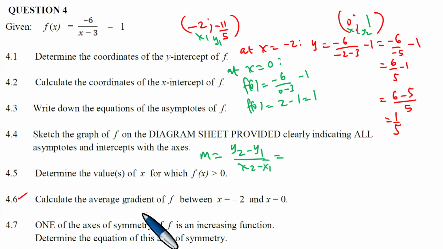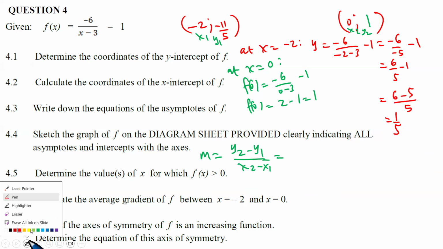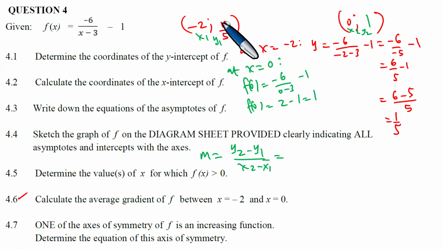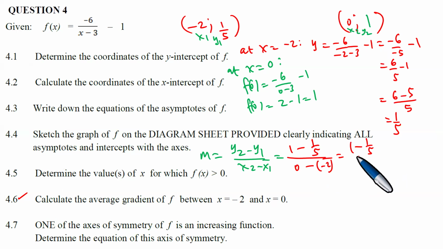Okay, because we want to find the average gradient, and the average gradient is given by the formula y2 minus y1 over x2 minus x1. So you come here, you remove this one, and this one is 1/5. So y2 is 1, y1 is 1/5, x2 is 0, x1 is minus 2. 1 minus 1/5 divided by 2, which is 5 minus 1 out of 10.